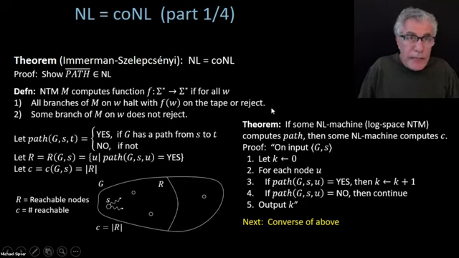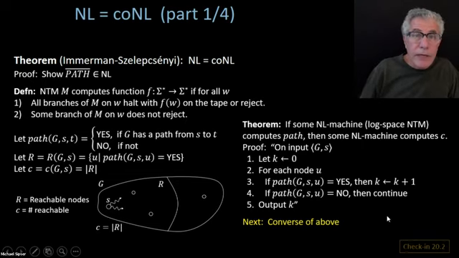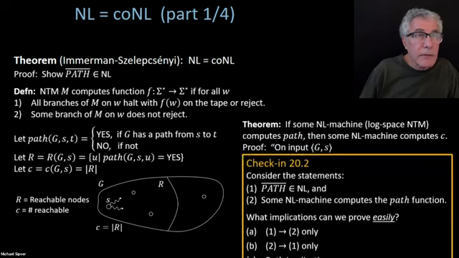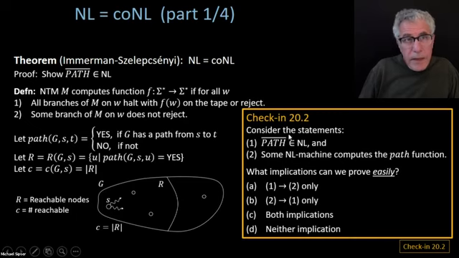But what I'm more worried about is that you understand this theorem here. I think we have a check-in coming. Okay, this might be helpful. So consider the statement that path complement is in NL. That's what we're trying to prove. And also that some NL machine can compute the path function.